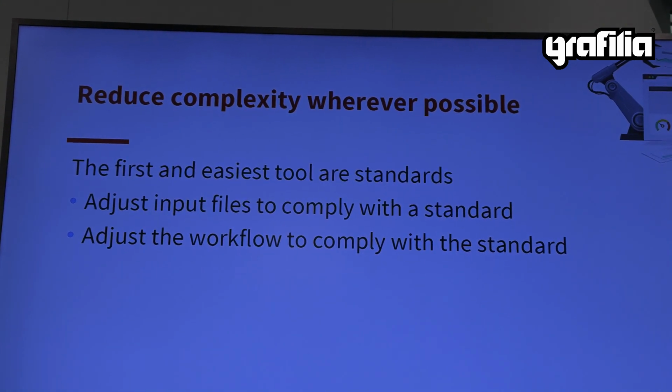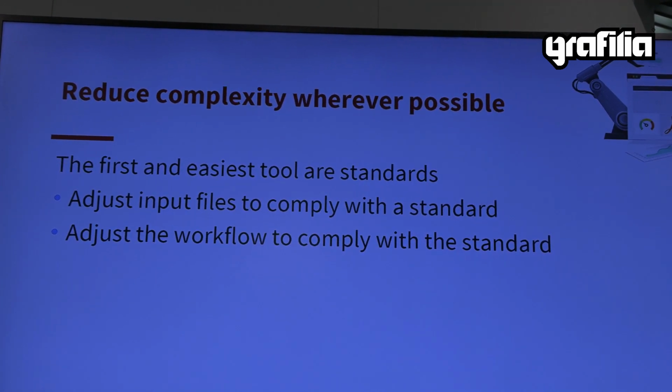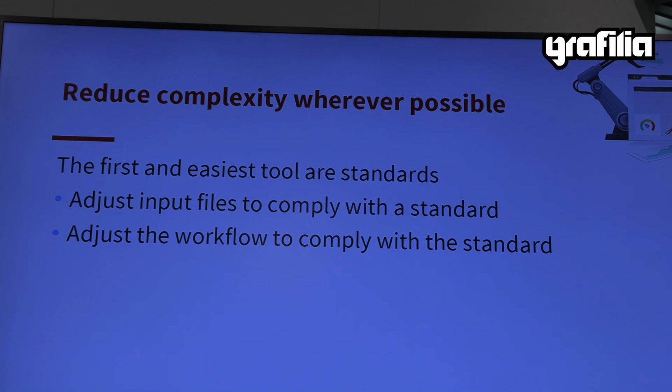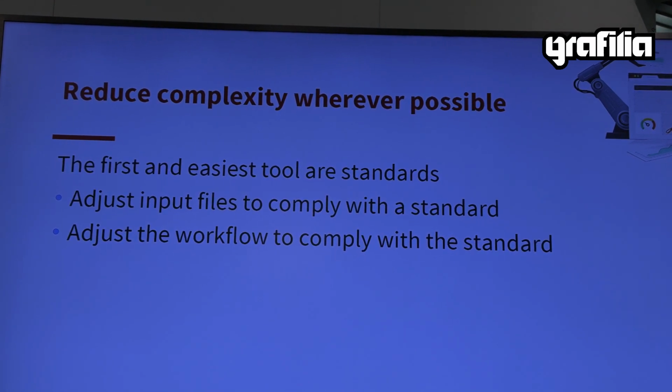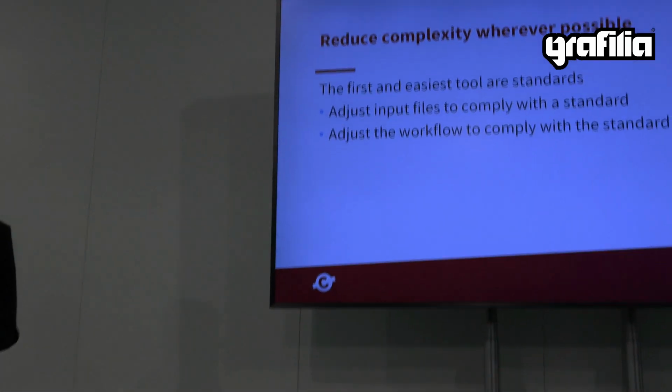If you use a standard, you can, on the one hand, adjust your input files so that they comply with the standard, and on the other hand, you can adjust your workflow and your devices so that they also comply with the standard. So standards are a very important and quite easy to use tool to reduce complexity and complex requirements for PDF automation and prepress.